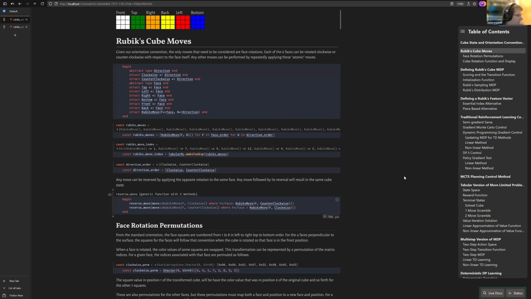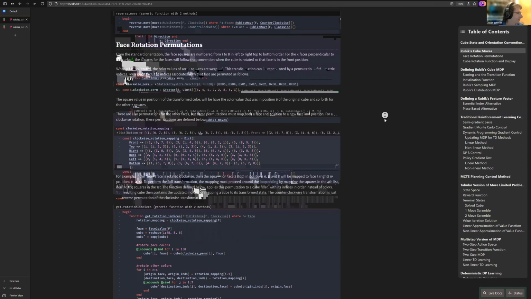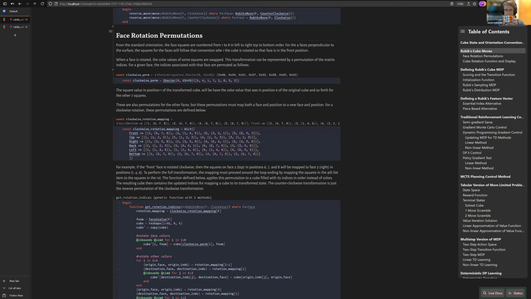So then we have to look at how the squares are permuted by a move. I have that defined here. And remember, each face has these 8 squares, numbered 1 to 8, ignoring the center square.